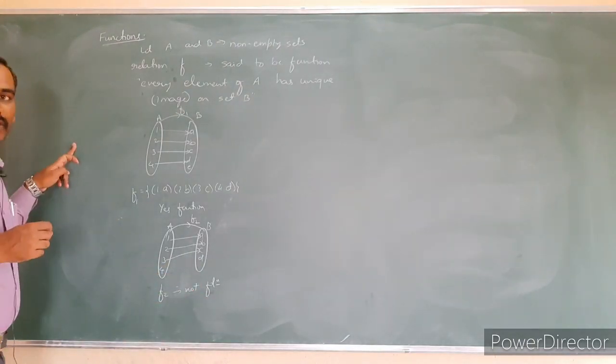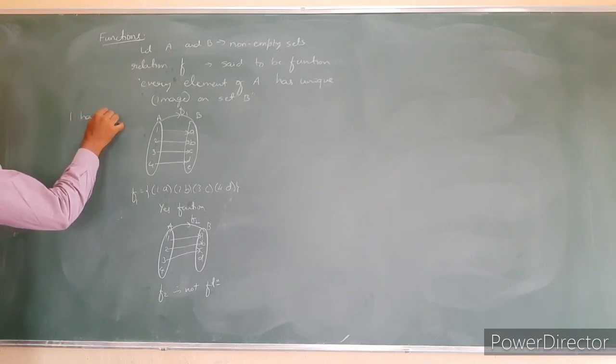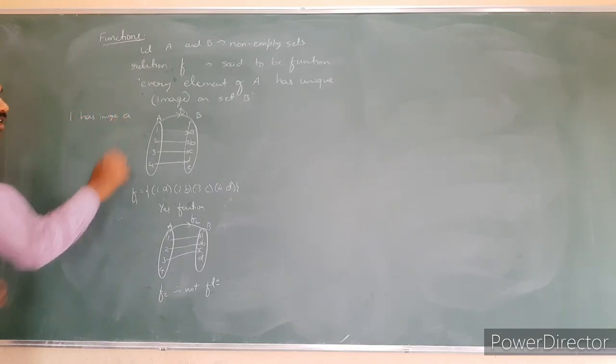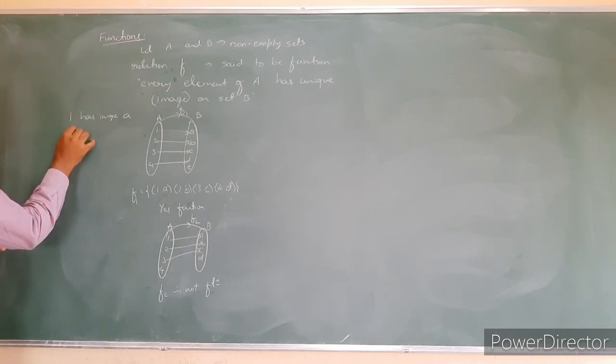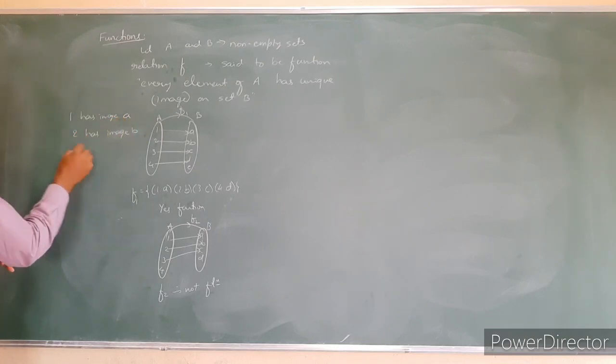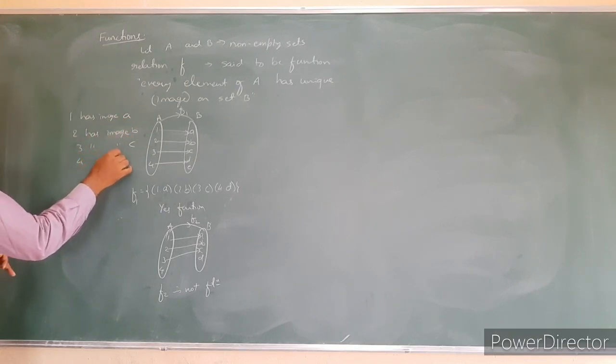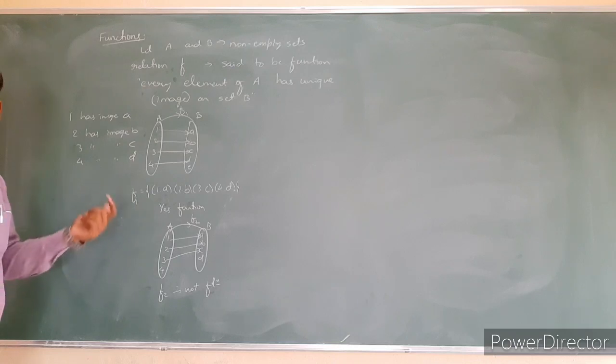What is the particular point you must remember here? 1 has the image a. Similarly 2 has the image b, 3 has the image c and 4 has the image d. Similarly, we can say it the reverse way also.